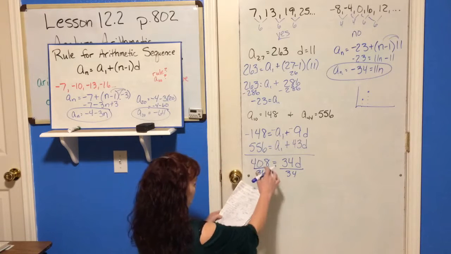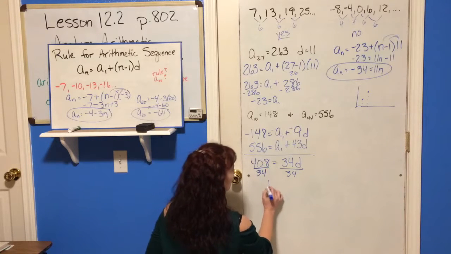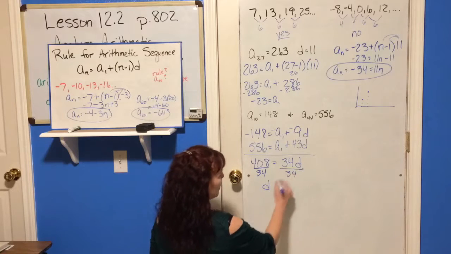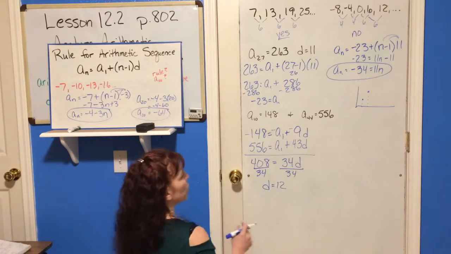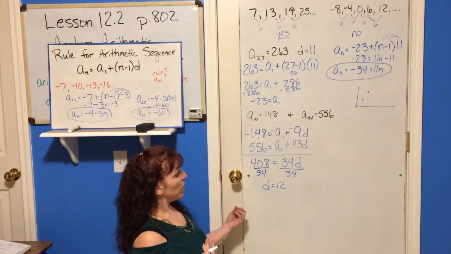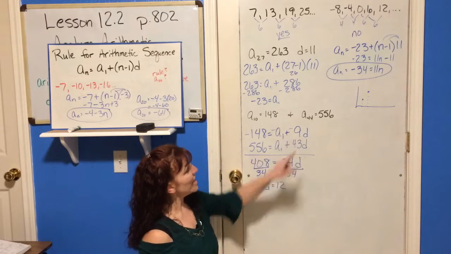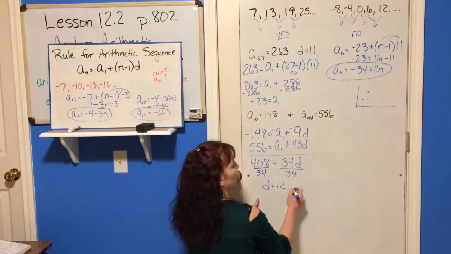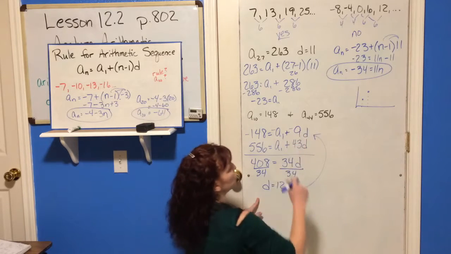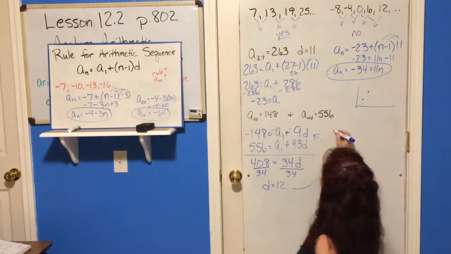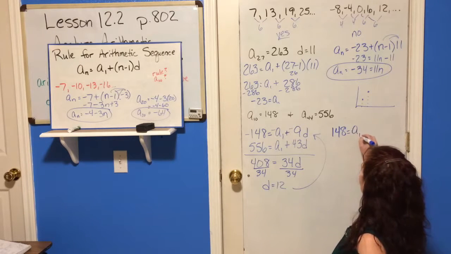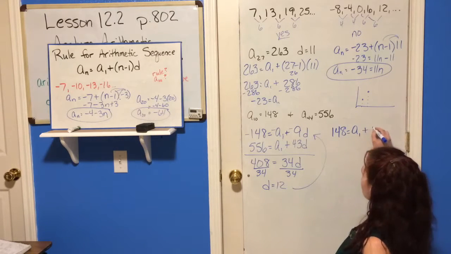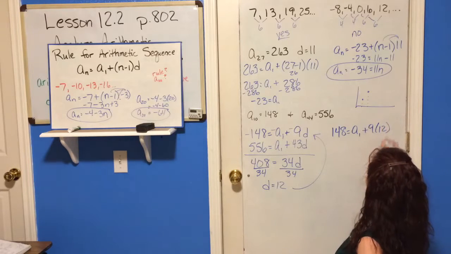So when you divide 408 divided by 34, your common distance is 12. Is that right? Yes, 12. So now you have the d. You can go back into either of your original equations and say, well, now 148 equals, that's the part we don't know, plus 9 times 12.